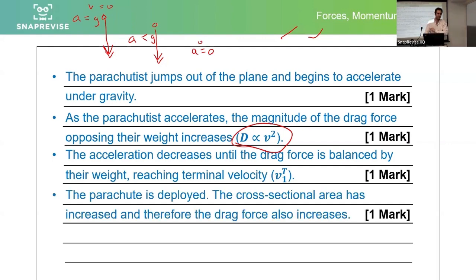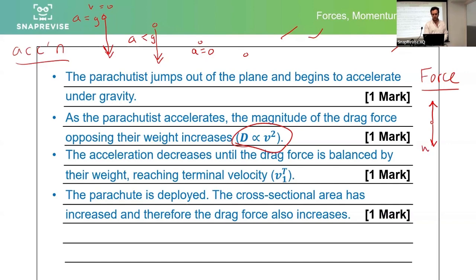But then suddenly they release their parachute, and so at the top I'm talking about the picture in terms of acceleration up here. If over on the right side here I talk about force, before the parachute, forces are balanced.